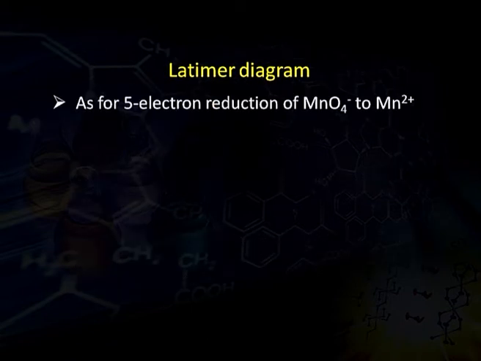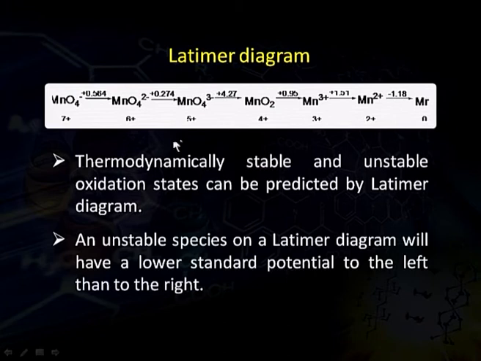As for the 5 electron reduction of MnO4 minus to Mn2 plus, this is MnO4 minus and this is the Mn2 plus. So, from this +7 state to +2 state there is a change of 5 electrons.